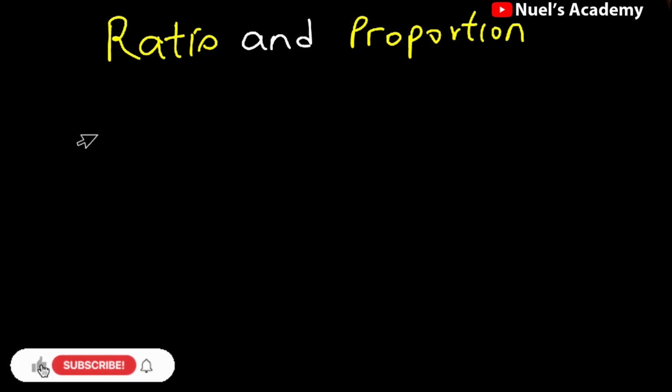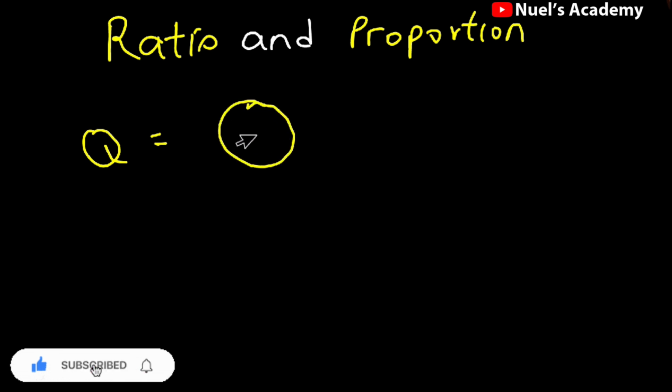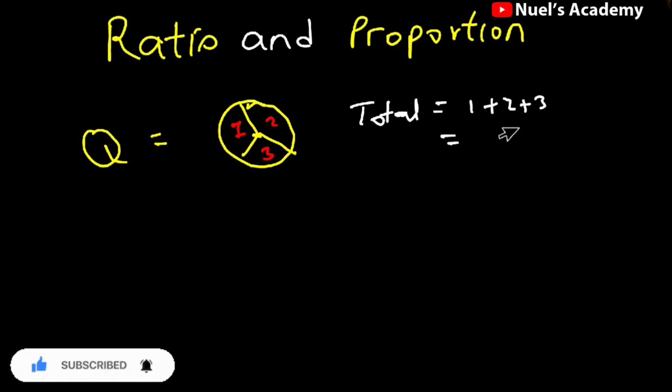So for instance, we have a quantity Q which is represented with a circle and is divided in the ratio of 1:2:3. To know the exact parts that belong to this one, let's first of all find the total ratio. The total ratio here is equal to 1 plus 2 plus 3, which is equal to 6.